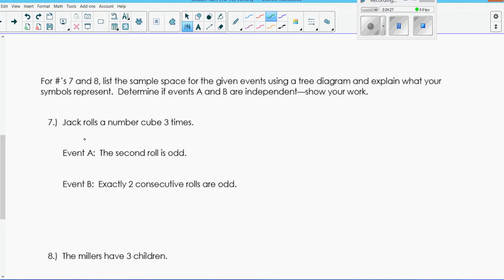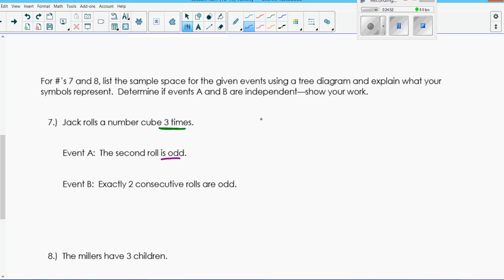When it says that Jack rolls a number cube 3 times, you're not talking about all 36 outcomes from dice. Notice it says that the roll is odd, which means if you're talking about odd and even, it looks just like flipping a coin, because there's a 50% chance when you roll a die that you get an odd or an even, because there's 1, 3, 5, 2, 4, 6.